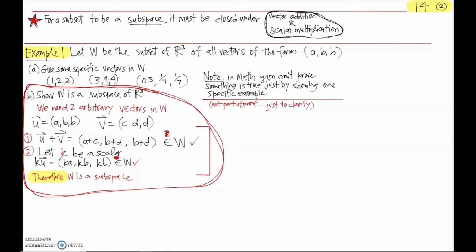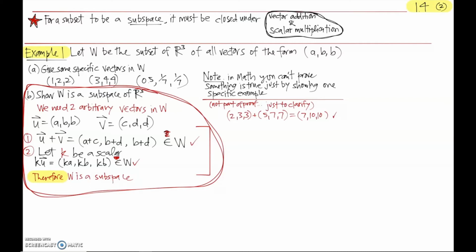So let's take two random vectors in W, like 2, 3, 3 plus 5, 7, 7. Both of those are vectors in W, and if you add them together, you get 7, 10, 10. And that's back in W because the second and third elements are the exact same number.